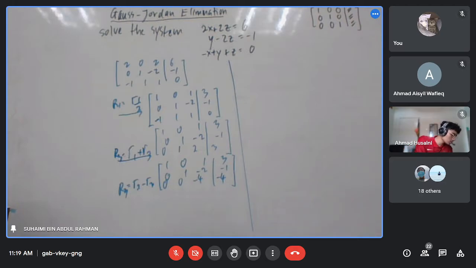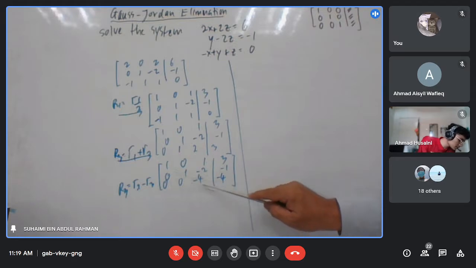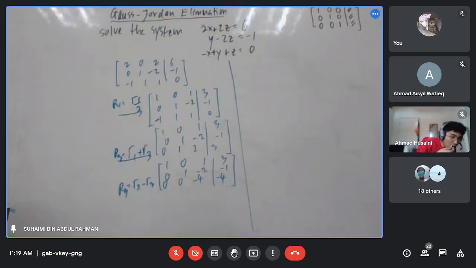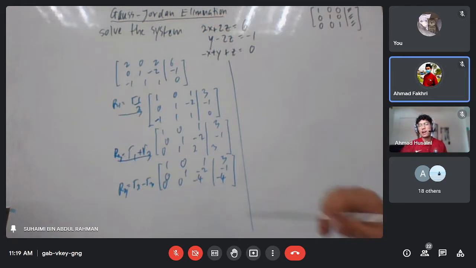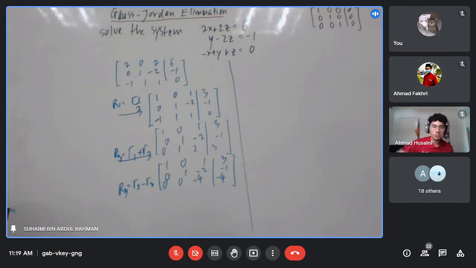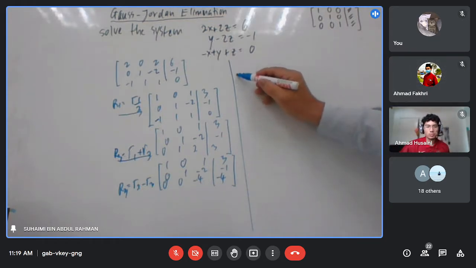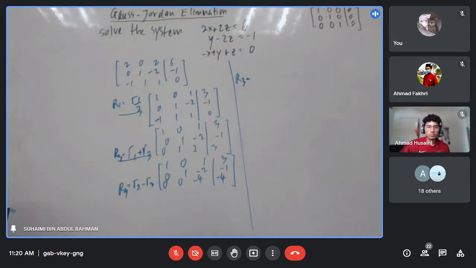Next, we go to here. We want to make what? 1. Therefore, which row do we need to change? Row number 3 needs to be changed again.